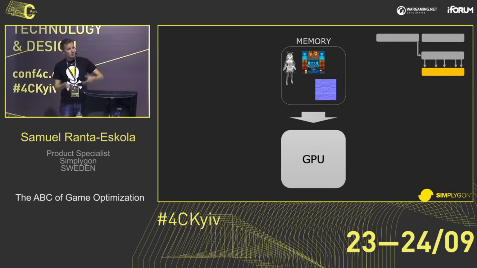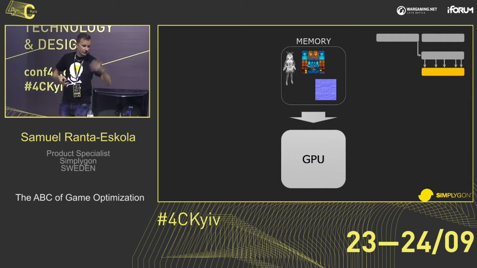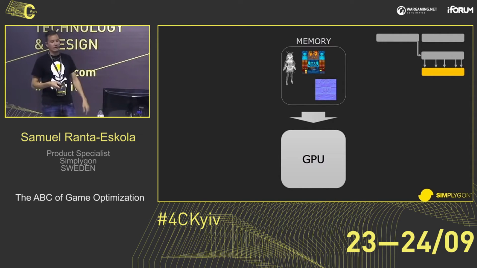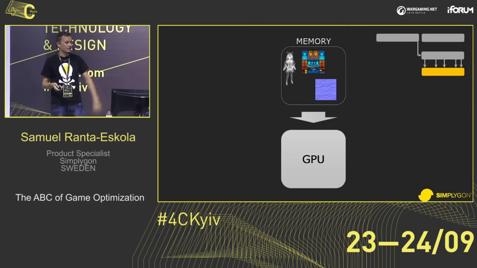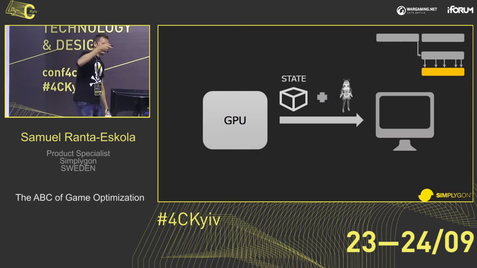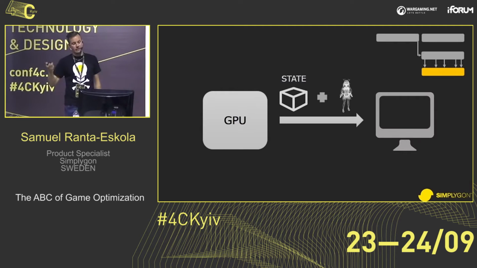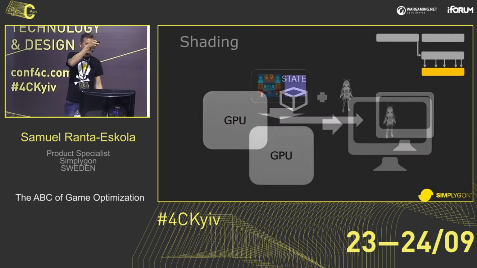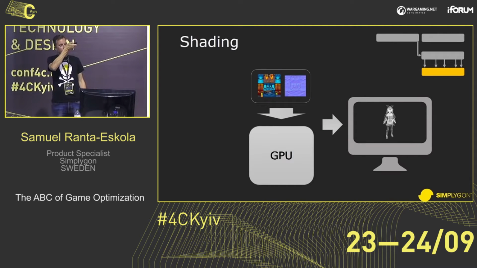The GPU will then access materials. In this case, we have a bunch of textures in memory, and we have mesh data, and we'll then apply the state to these objects. So it will take the object plus the state and put that onto the screen, like this, and then perform the shading.